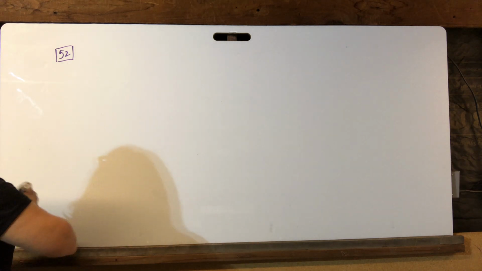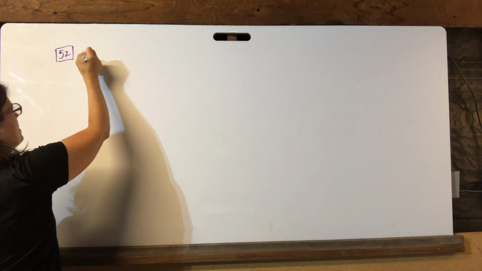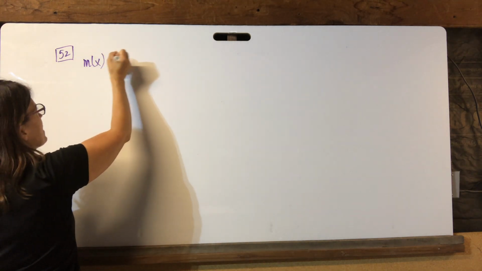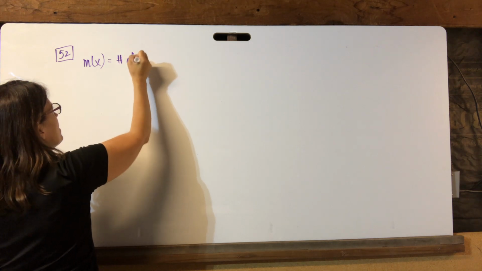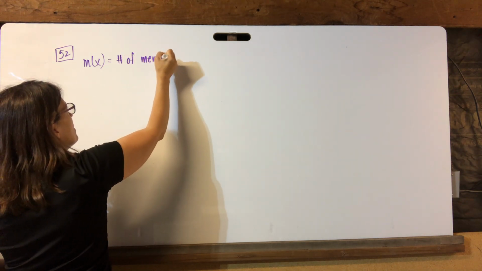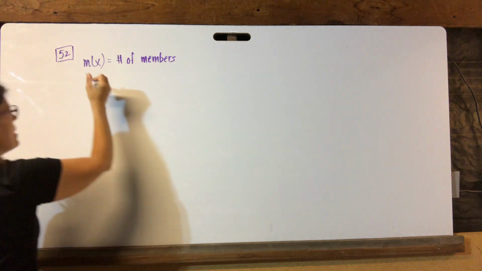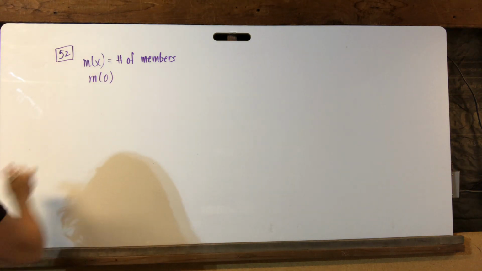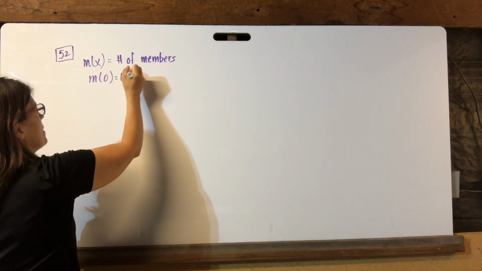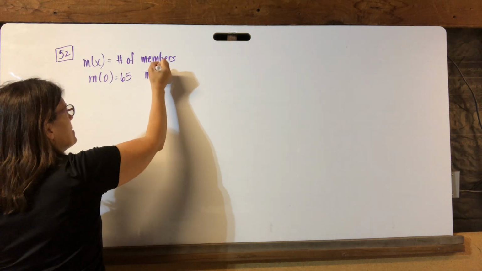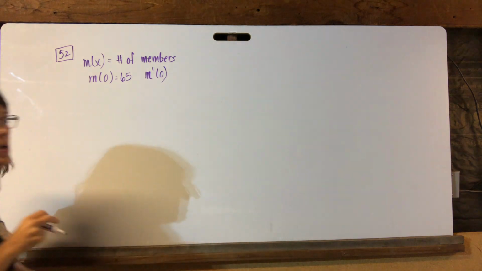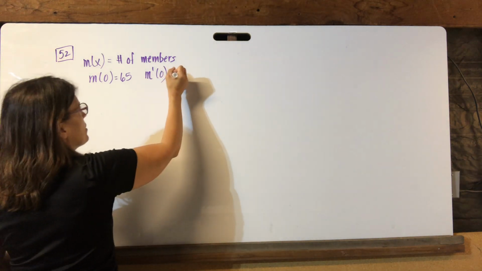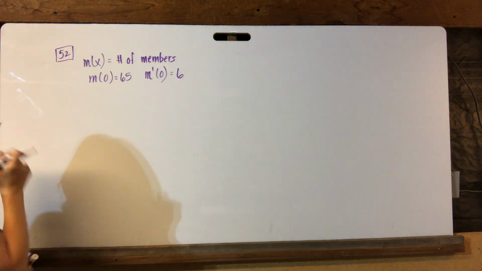All right, so I said that m of x, use whatever variable you want except for x and y, the m of x is the number of members. And initially, there are 65 members, and m prime, the increase is 6 members per year.